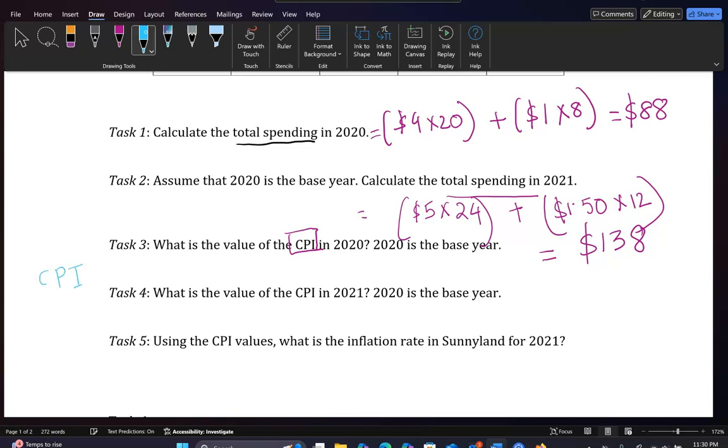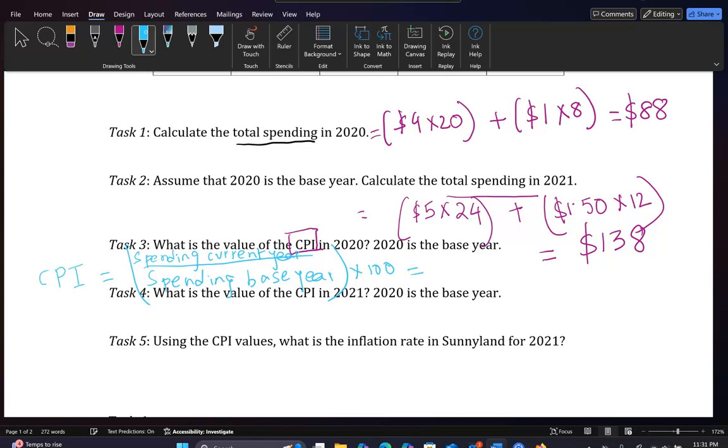So the formula for CPI is going to be the spending in the current year over the spending in the base year times 100.